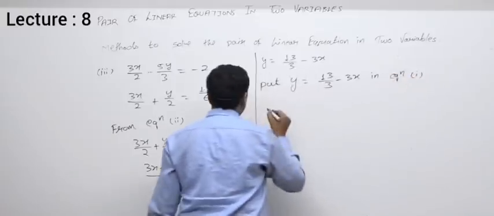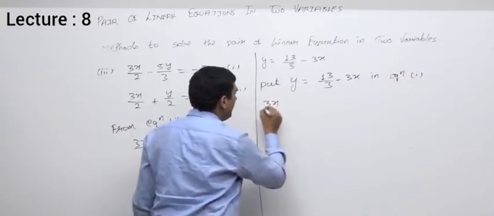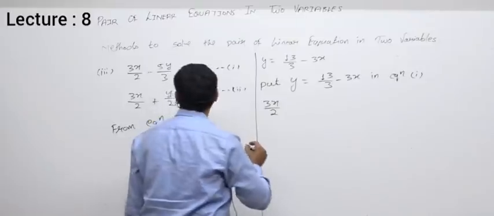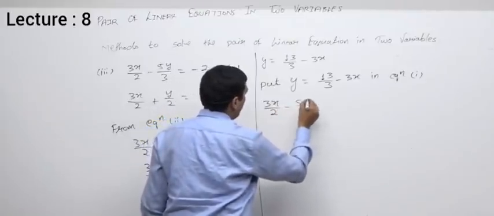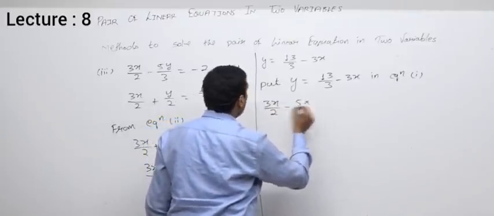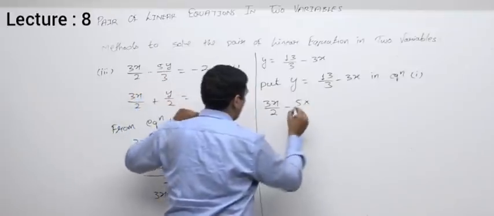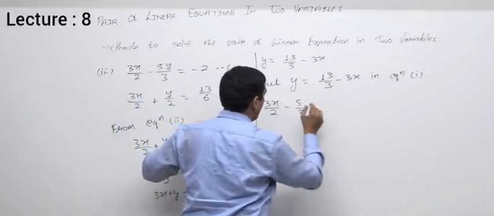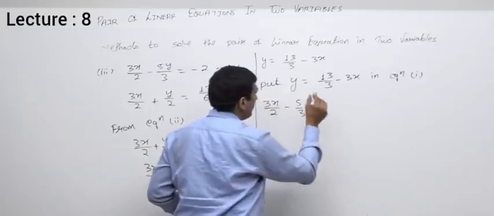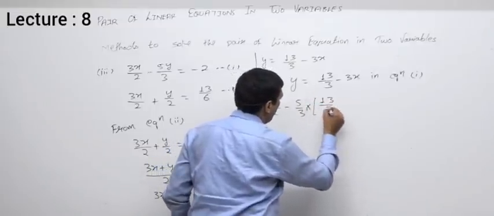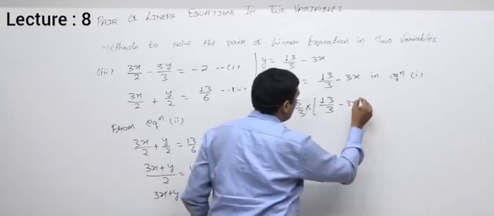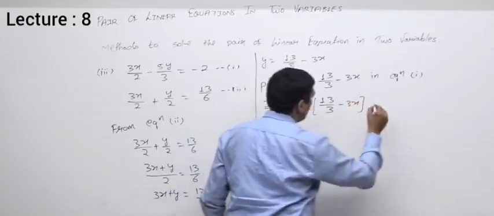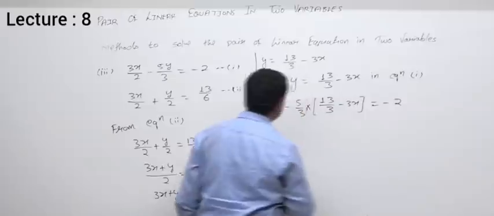In equation 1, 3x by 2 remains as it is, minus 5 by 3 into y, and in the place of y I have to substitute this, that is 13 upon 3 minus 3x, is equal to minus 2.